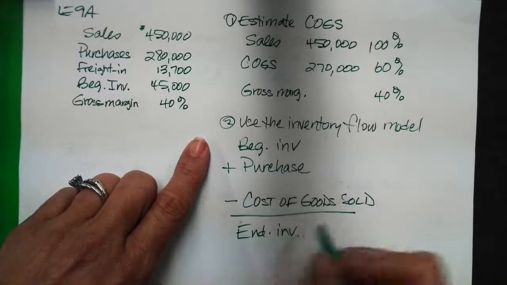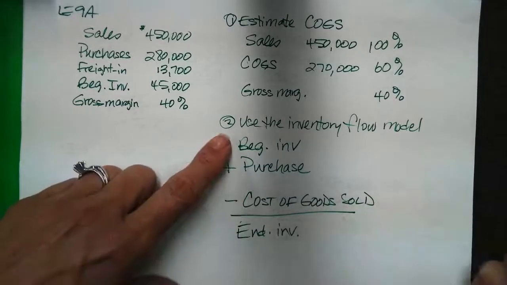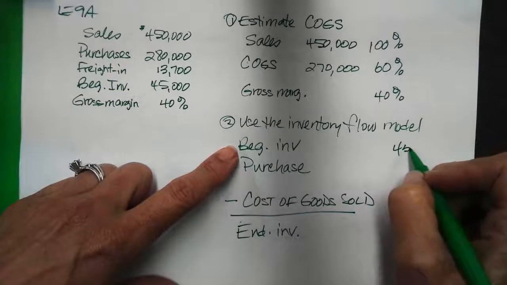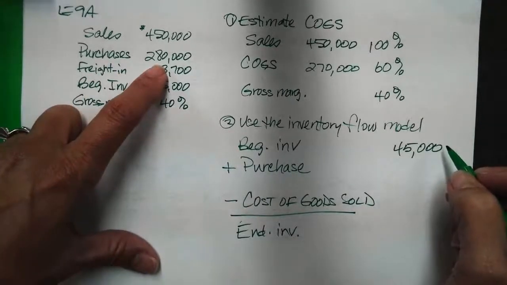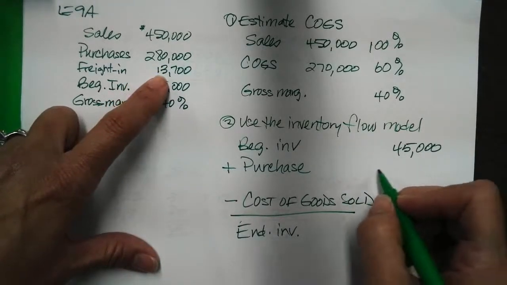This is the way the stuff comes into the inventory, goes out of the inventory. Okay, so let's drop in what we know. We know we have a beginning inventory of 45,000. We know we have purchases of 280,000 and freight in of 13,700.